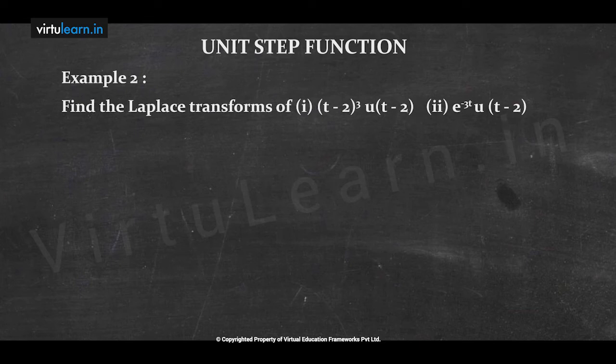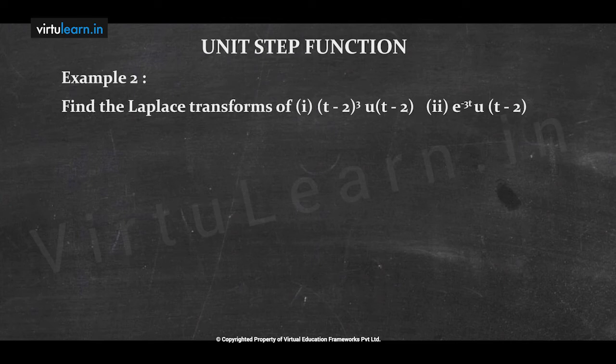Previously they had given g of t. In another form of second shifting theorem, Laplace transform of f of t minus a and h of t minus a, a product of two functions. When you have a product of two functions like this, t minus 2 and t minus 2, both functions are available. Observe this one, t minus 2, t minus 2. Then you have to write another form of second shifting theorem.